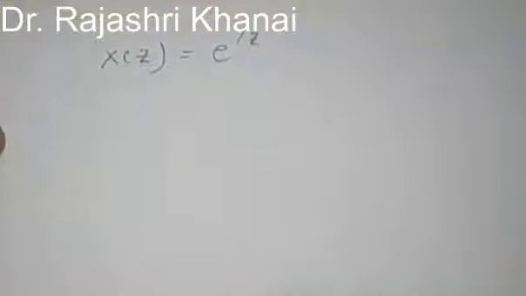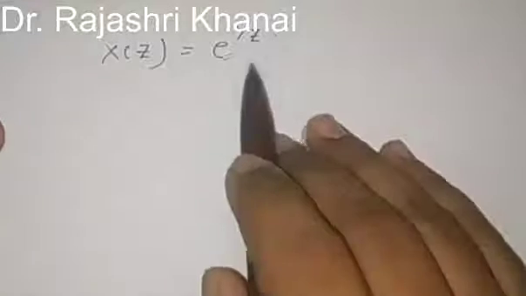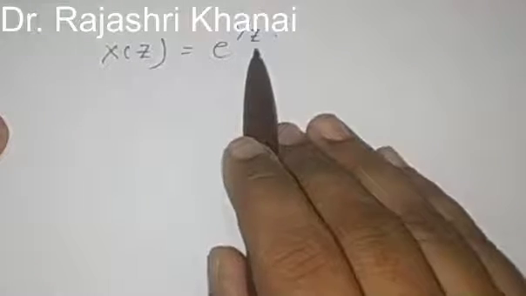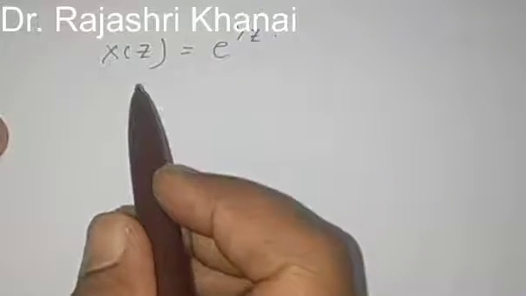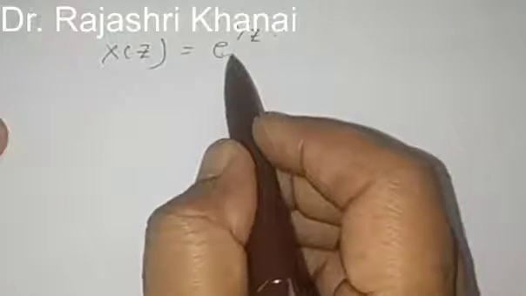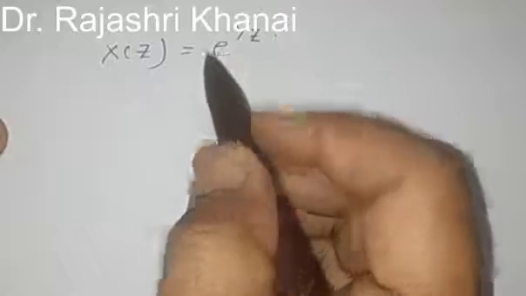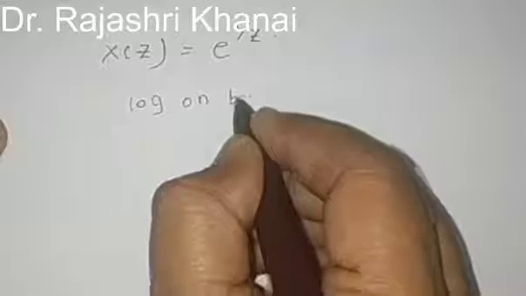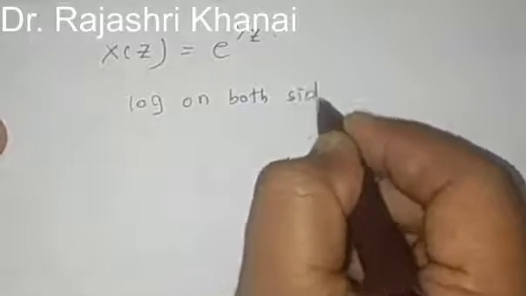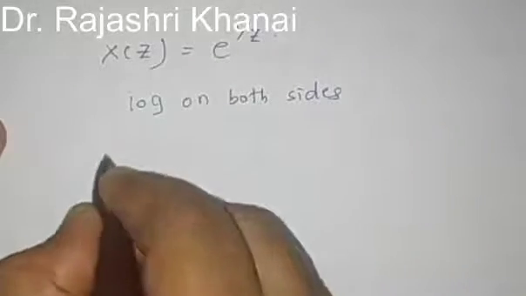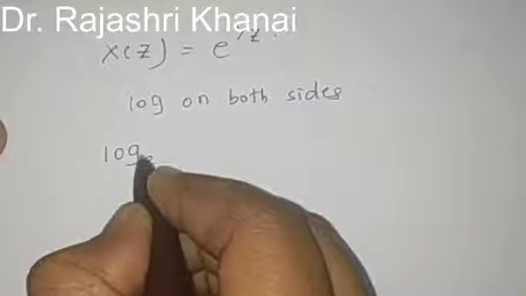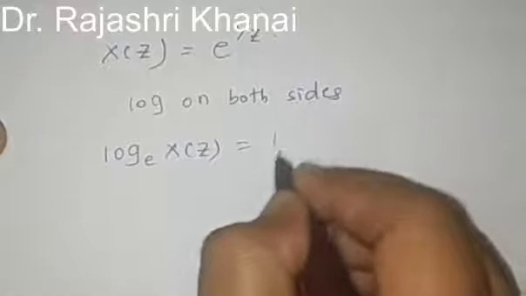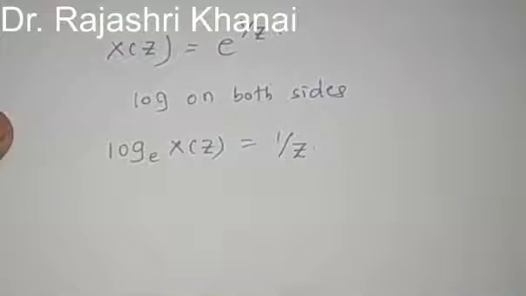Now in one of the lectures we have seen either we can write the e raised to x formula for this, or there is one more method to solve such examples, which is taking log on both sides. I can cancel this exponential term. So if I take log on both sides, I will write log to the base e of X(z), which is equal to 1 upon z.